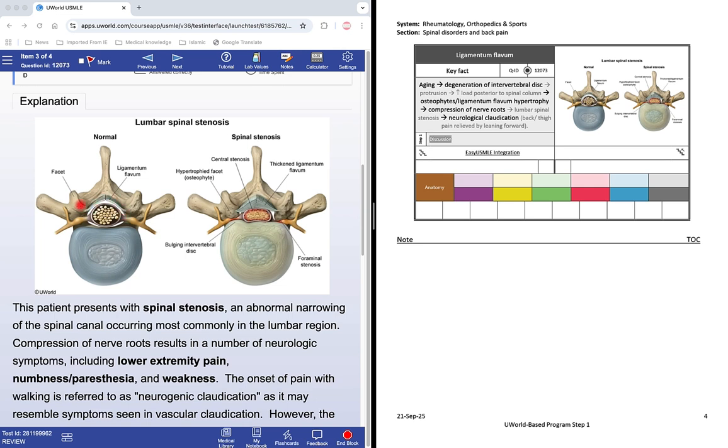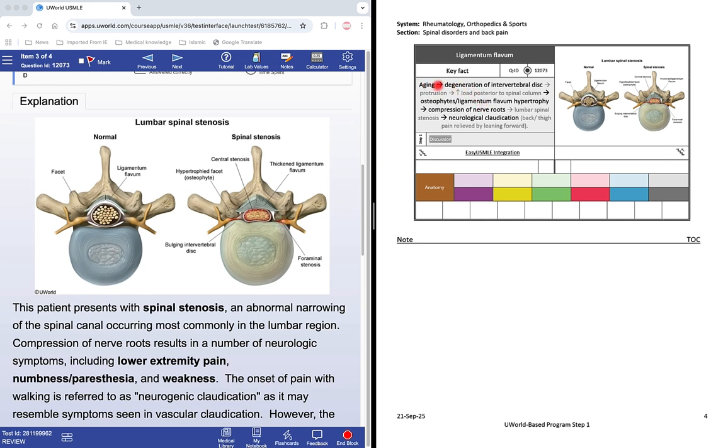Hypertrophy of this ligament results in compression and stenosis in the central canal. Thickening of the ligamentum flavum, hypertrophy of the facet with the development of osteophytes, all happen with aging, resulting in this feature.